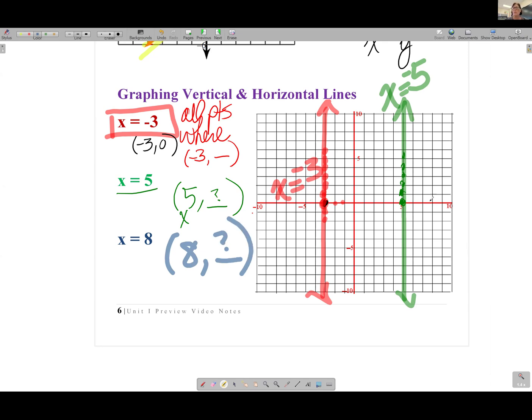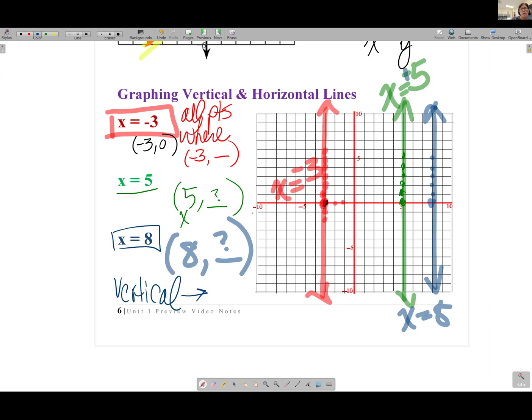So (8, 0), (8, 1), (8, 2), (8, 3), (8, 4), (8, 5), etc. X equals 8 is a vertical line, and the slope here is undefined.